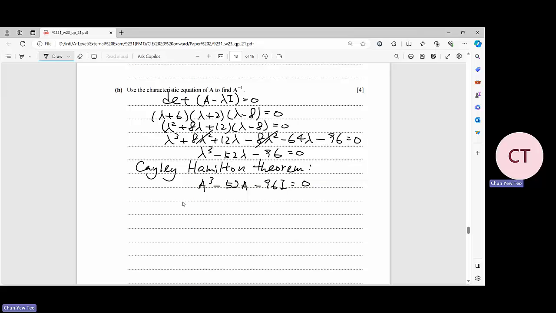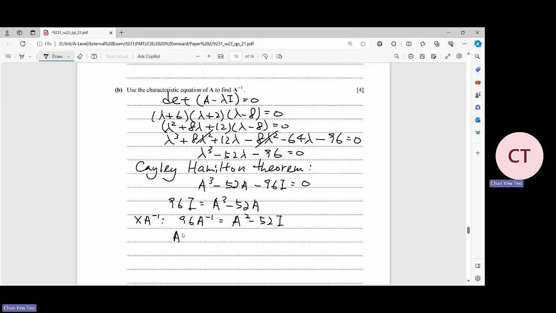So you will be getting 96I equals A cubed minus 52A, multiplied by the A inverse. You will get 96A inverse equal to A squared minus 52I. So just use the matrix algebra.